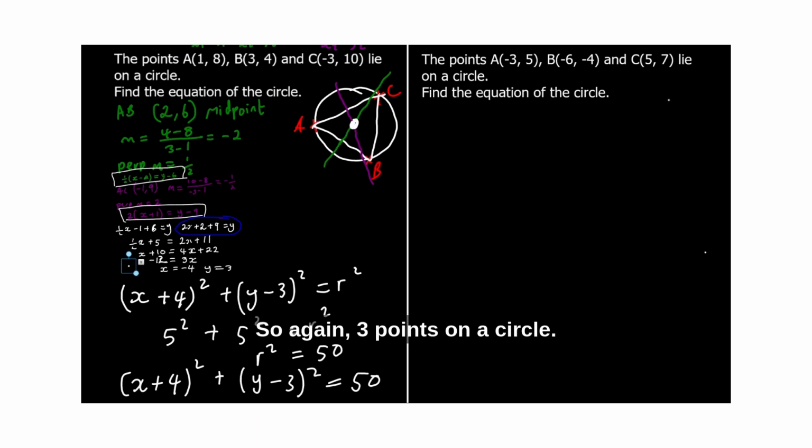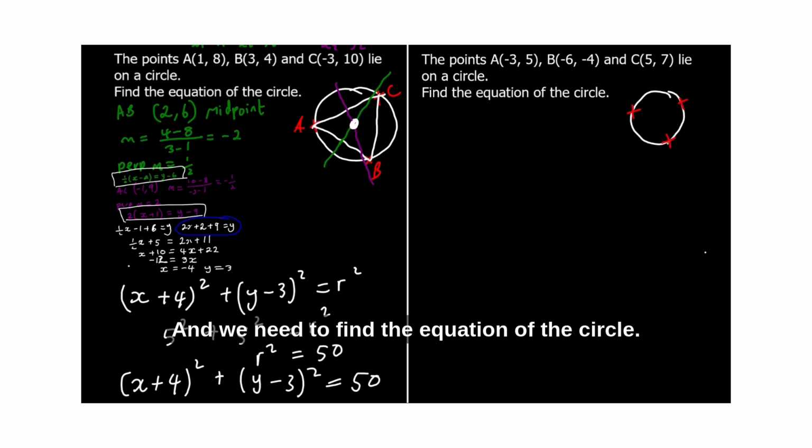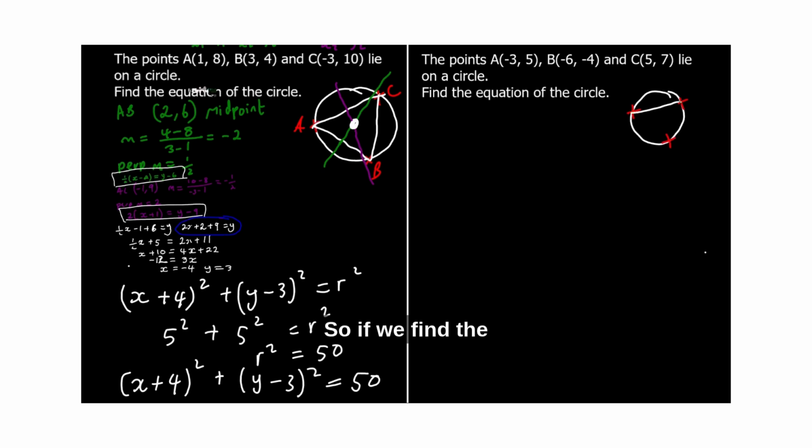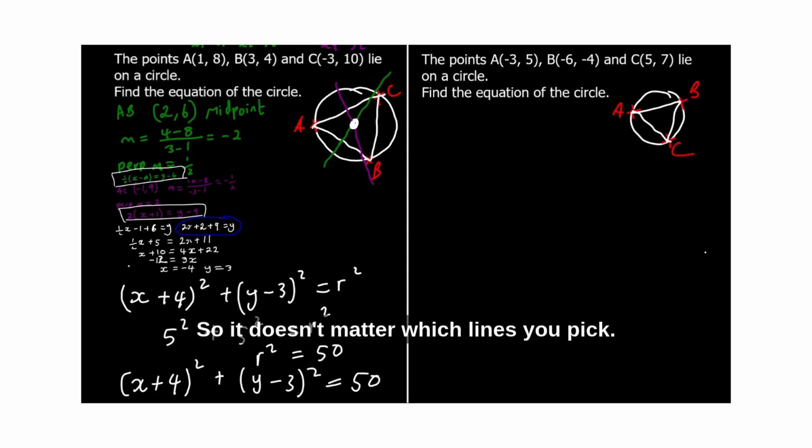So again, 3 points on a circle. And we need to find the equation of the circle. So if we find the perpendicular bisectors of any of the lines, it doesn't matter which lines you pick.